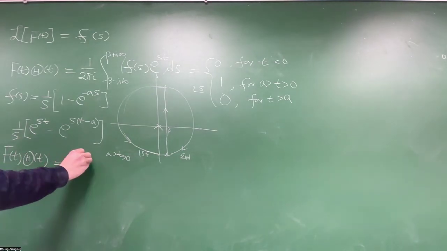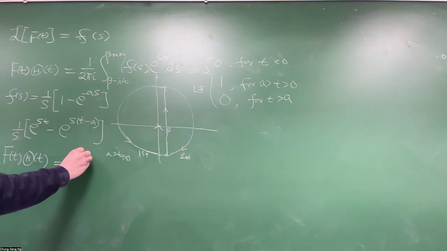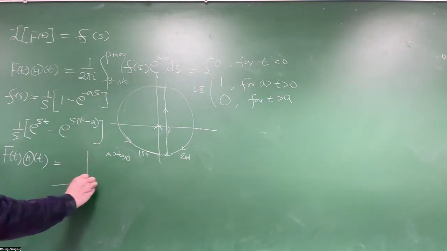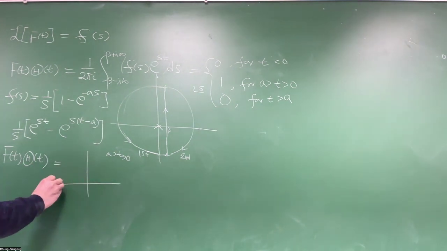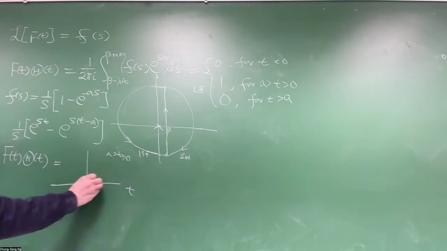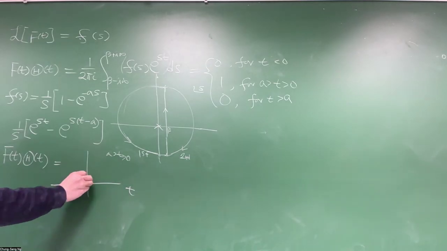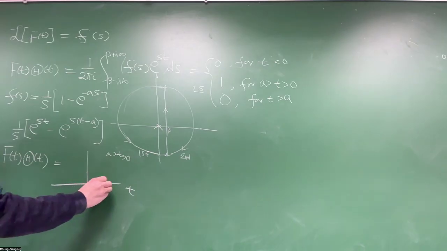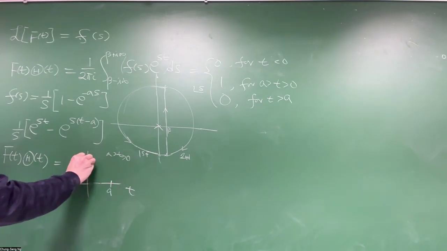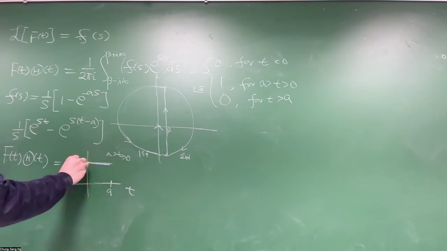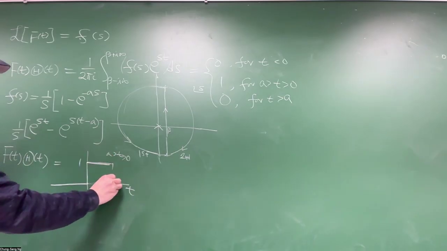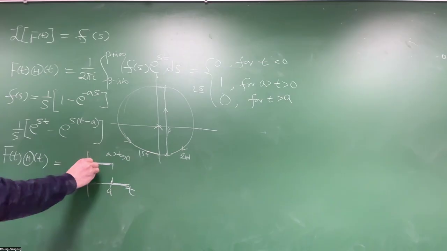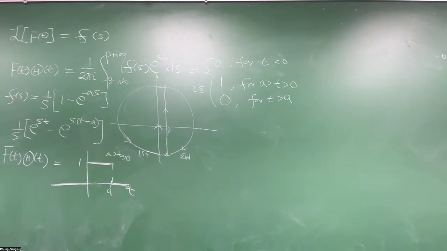It's just a top-hat function. For negative t, it is 0. Between 0 and a, it jumps to 1, and then goes back to 0. Okay, so that is the result.